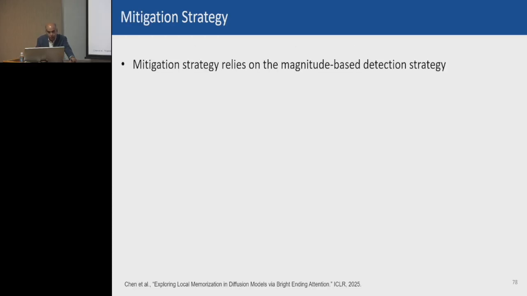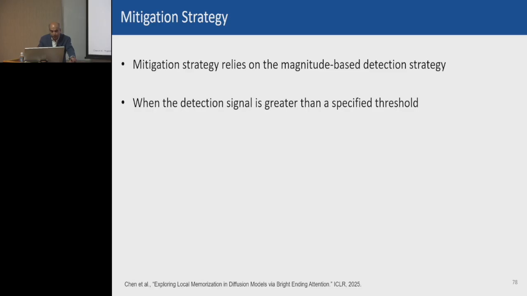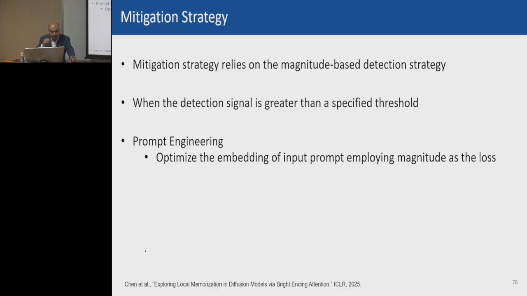So now once you detect that there's a memorization, then you want to fix it, you want to mitigate it. The traditional method is that when you detect there's a memorization, then you do what is called prompt engineering.